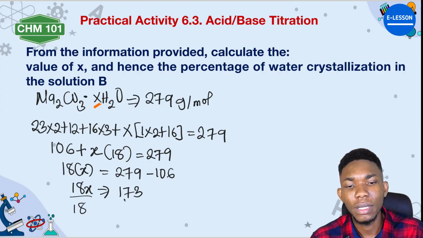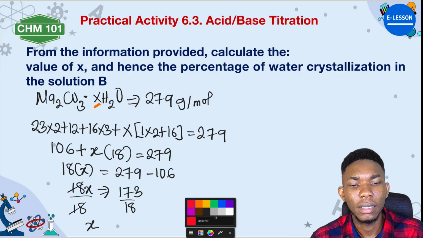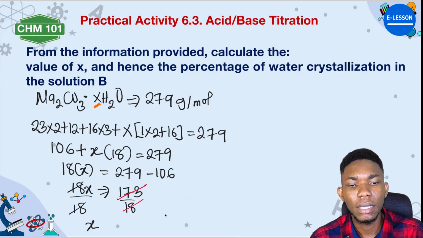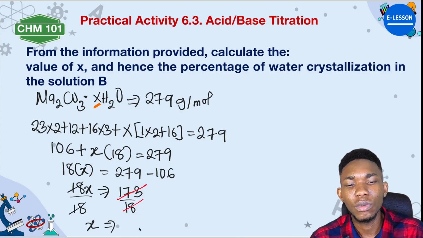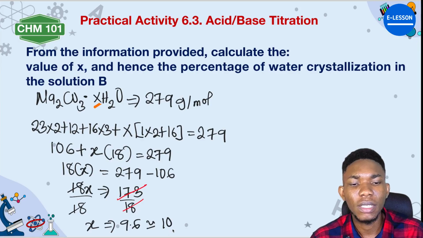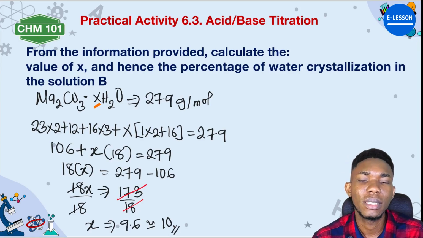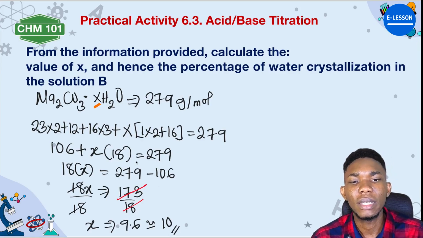Then divide by 18, which will give us X. If you divide, this cancels this, my dear student. X will give us 9.6. Because we are talking about water of crystallization, it is approximately 10. So it means that our X here, my dear student, is 10.